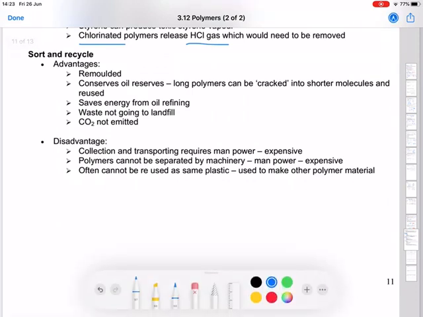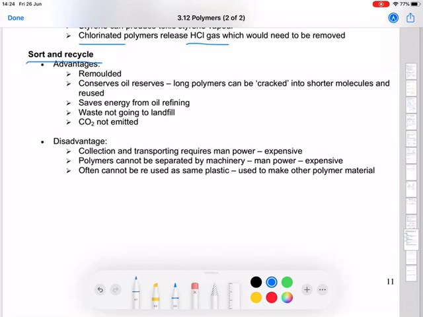Really, the best way to deal with our plastic problem is to sort and recycle. The problem with this is it is incredibly expensive because there's loads and loads of different types of polymers that we use for different types of packaging and carrier bags. And there's no easy way to separate them out. If you want to reuse them and remold them, you've got to make sure that you've only got the one type of polymer.